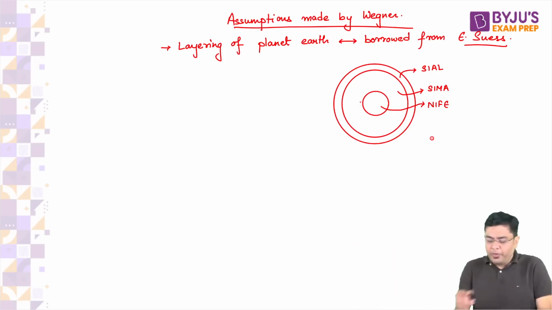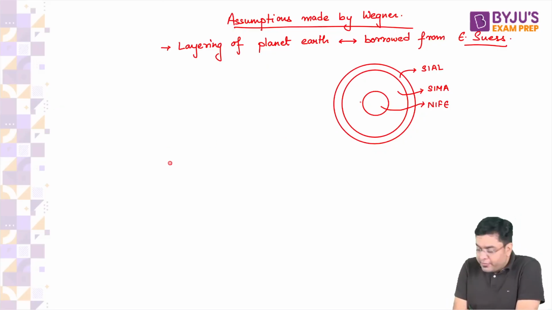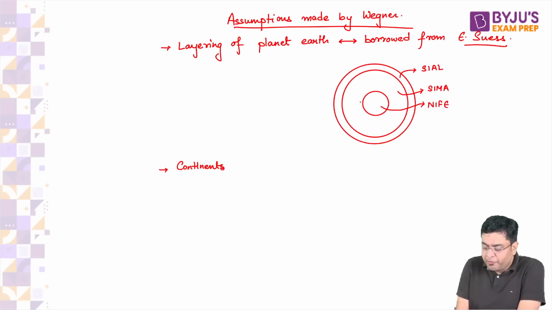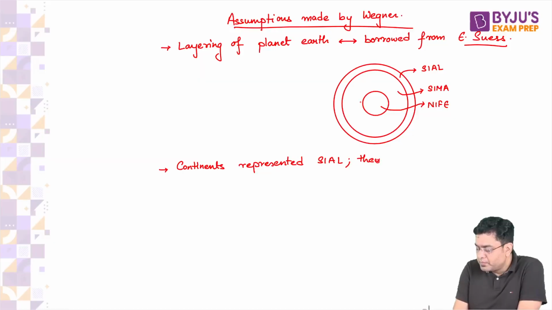Okay, I will write it down for a better understanding as well. So he said continents would represent Sial, they would float freely over Sima.